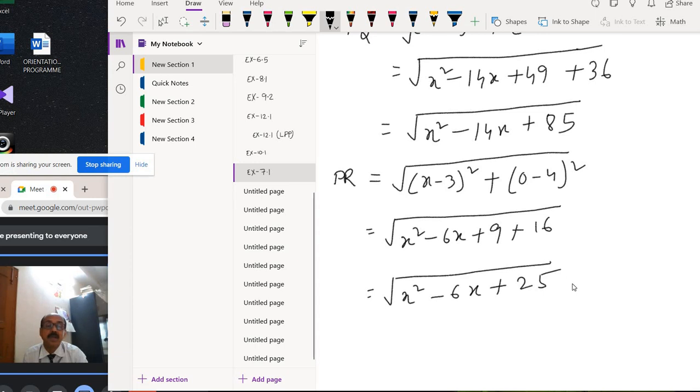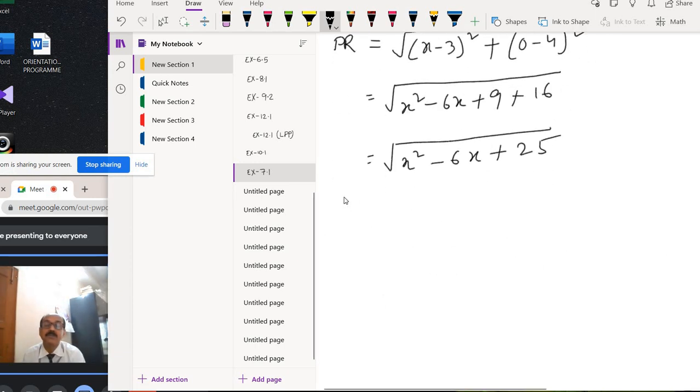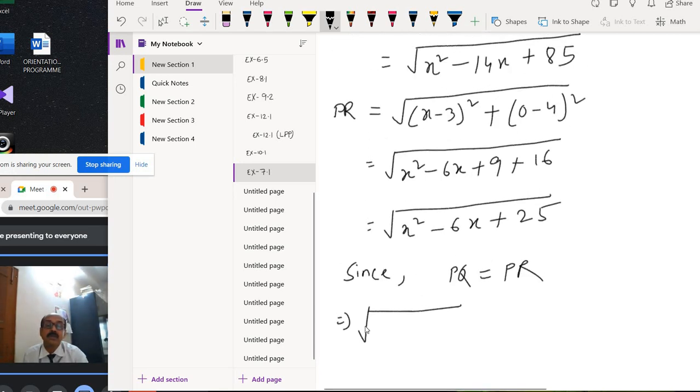Since PQ equals PR, equidistant, we can equate them and then square both the sides. PQ equal to PR: the square root of x square minus 14x plus 85 equals the square root of x square minus 6x plus 25.